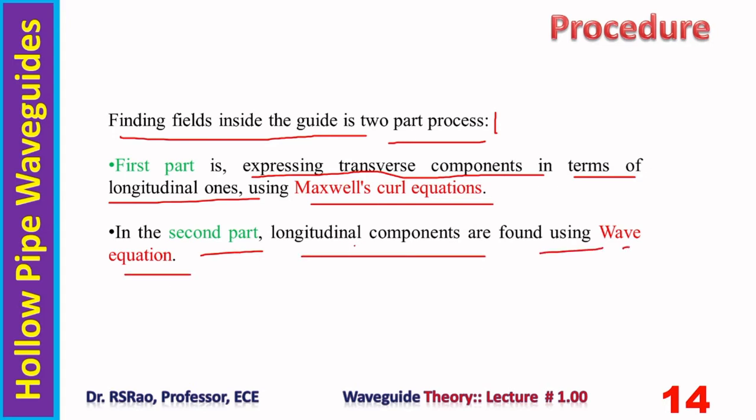Once longitudinal components are available, they are substituted in the expressions where transverse components are in terms of longitudinal ones. Now we have transverse components of the fields. Anyway, we have calculated longitudinal components in the second part. Now all the field components are available. That ends the process of finding fields inside the guide.